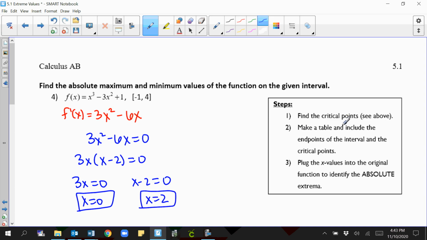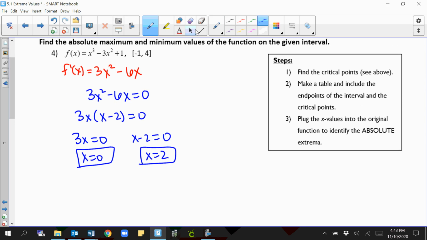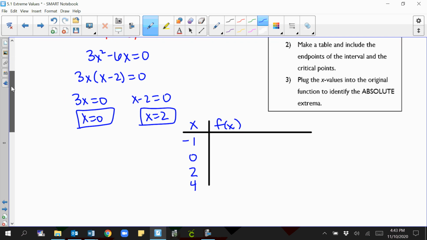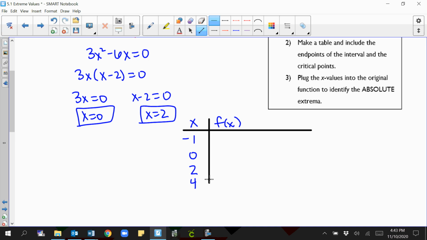So now what I'm going to do is make a table and include the endpoints of the interval and the critical points. So my table, I'm going to do it down here. I'm going to have my x and my f of x. I'm going to take my endpoint of -1, then 0, then 2, and then my other endpoint of 4. Scroll down a little bit.